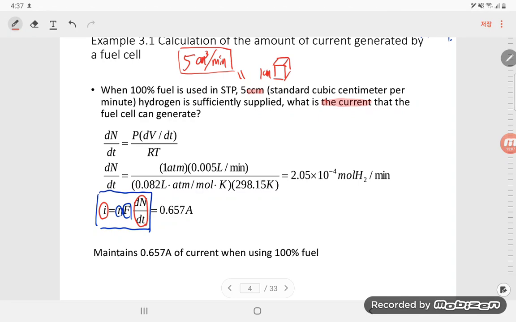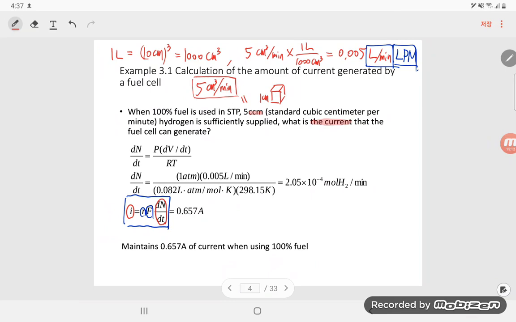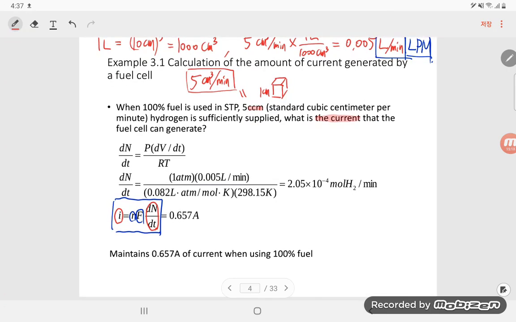To calculate this dN/dt, this is the gas state, so we should use the ideal gas equation. There is a relation between the number of moles and the volume. What is that? PV equals NRT. So we want to get dN/dt, the time derivative, and then we can use this equation.